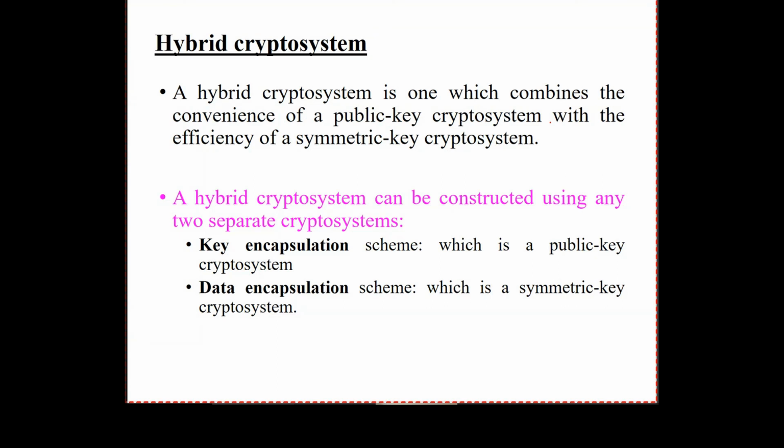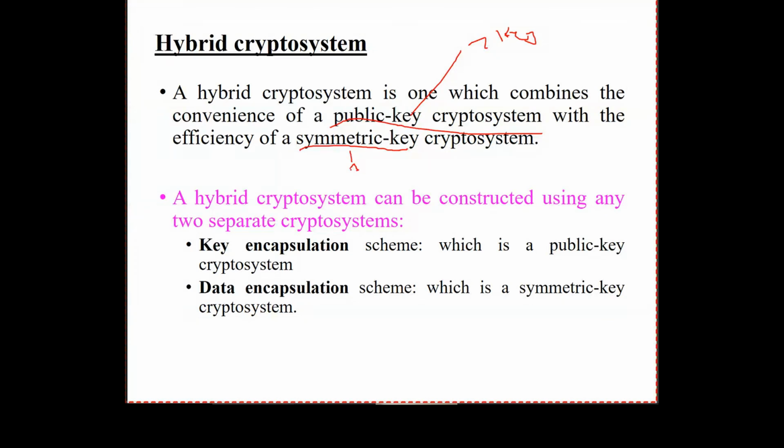So it's the combination between the public key cryptosystem, which uses two keys, and the symmetric key cryptosystem, which uses one key. So how is that happening?